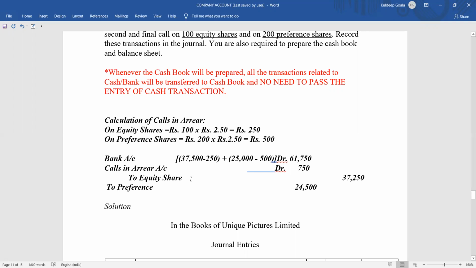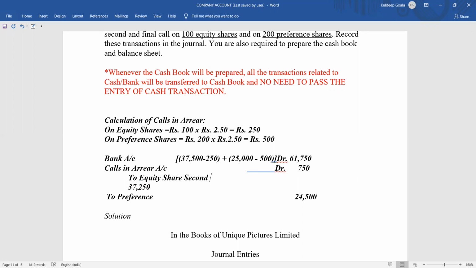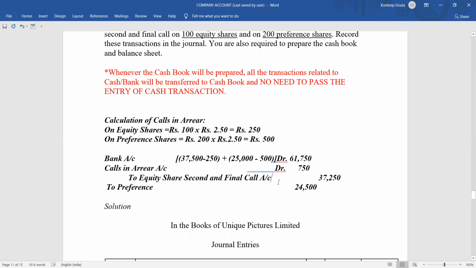To equity shares second and final call account, the total amount. What is the amount? 37,500 rupees. I'm just mentioning the exact amount, the correct entry now. Otherwise it will be a confusing thing.